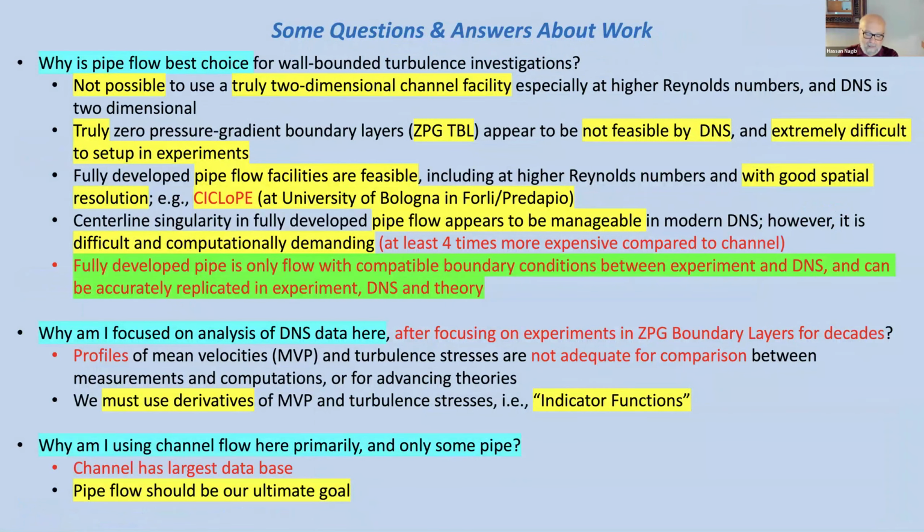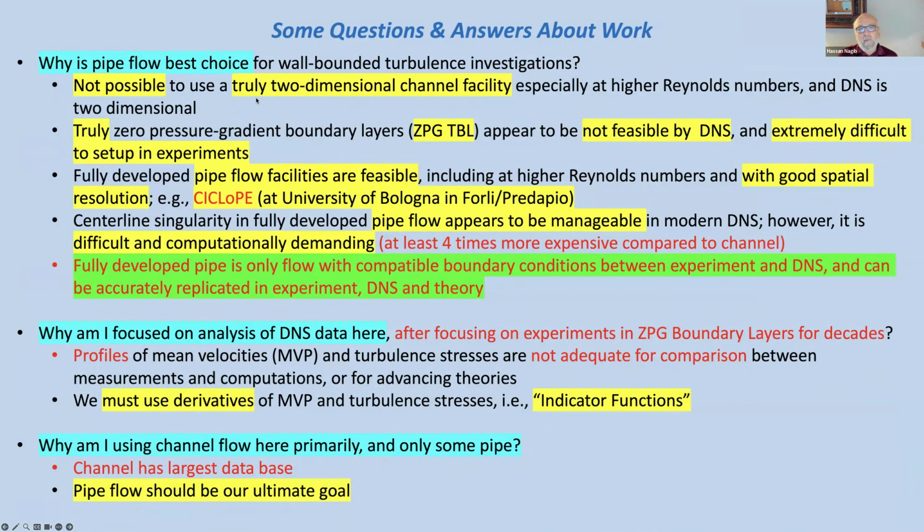Now, believe it or not, and I need to check on my watch, this is the message of the talk. And at the bottom here, it says it. Why am I using channel flow data here today? And some pipe is because channel has the largest database. Pipe flow is our ultimate goal. Why is pipe flow our ultimate goal?